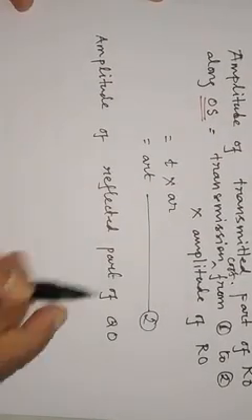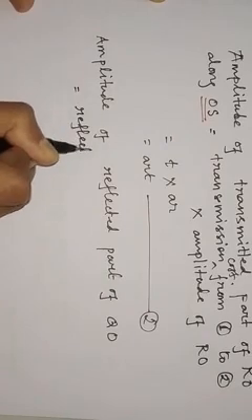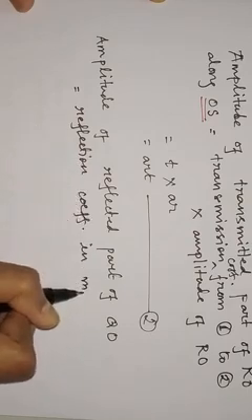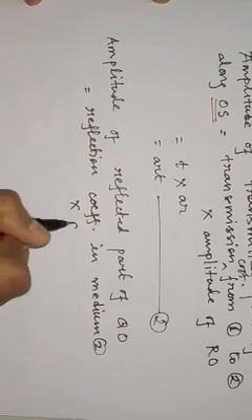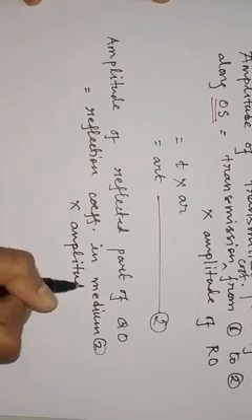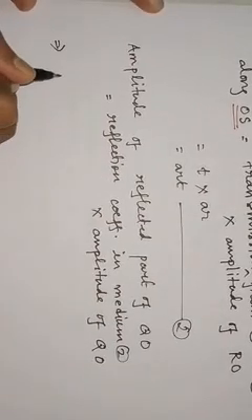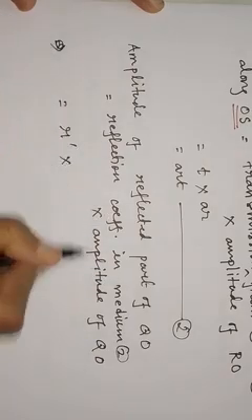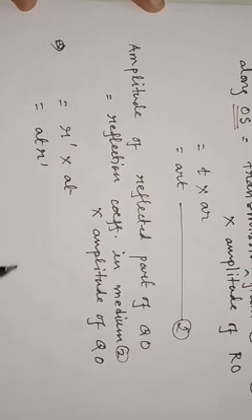So the amplitude of the reflected part of QO is equal to the reflection coefficient in medium 2, because this incidence and reflection happen in medium 2, times the amplitude of the incident ray QO. That is R prime times the amplitude of QO, which we know is AT. So it is ATR prime. Suppose this is equation 3.